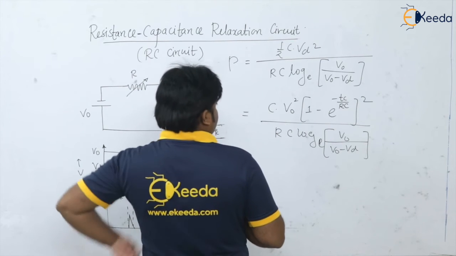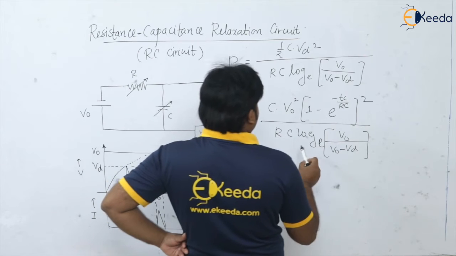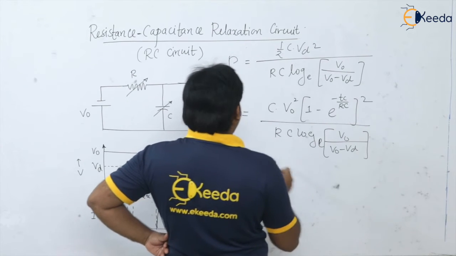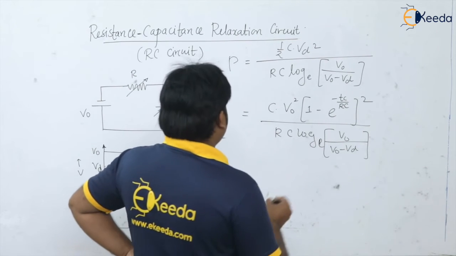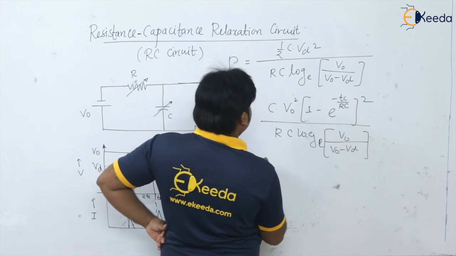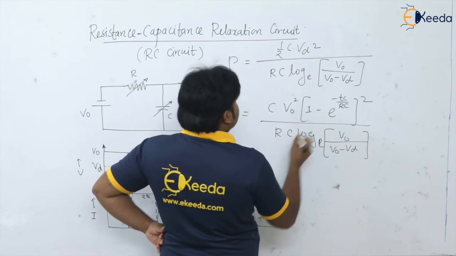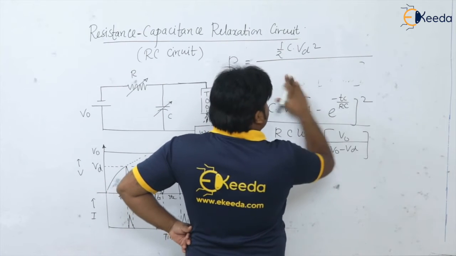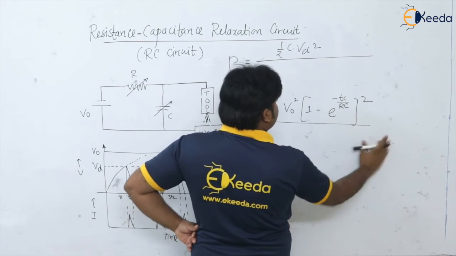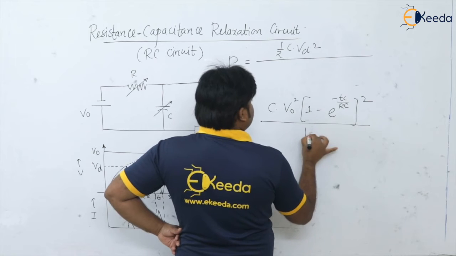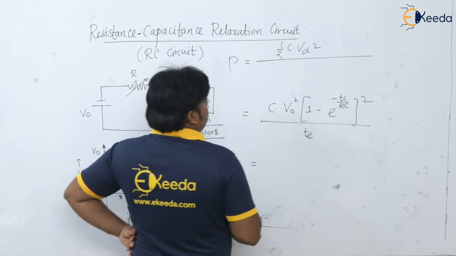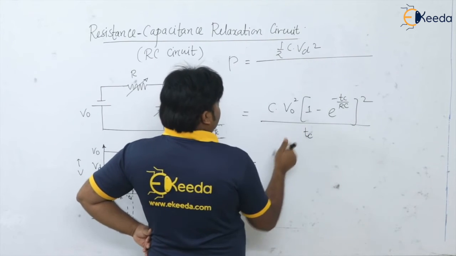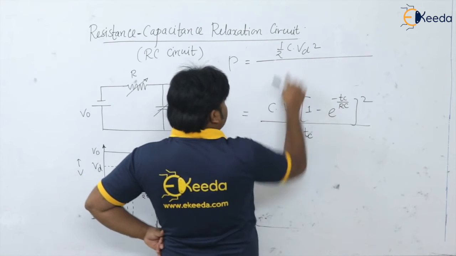Now see here, instead of writing all this, that is the charging time, I will write only TC. I won't write the complete equation for TC. So this is TC. Okay, so this is half, so 2 will come here, into C. C is here.